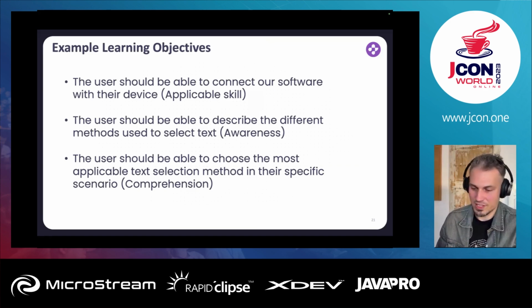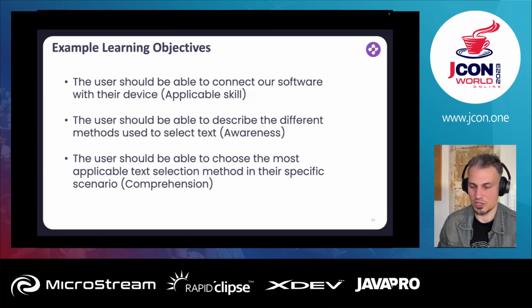You say, okay, we have this and that. We have these different monitoring notifications that we can send. That's awareness. For us, this was: the user should be able to describe the different methods to select text. We have different methods like similarity search, exact text search, regex text search. So they should be aware that there are different methods.